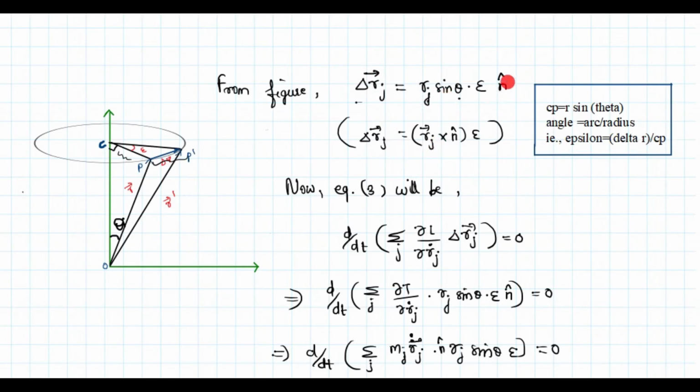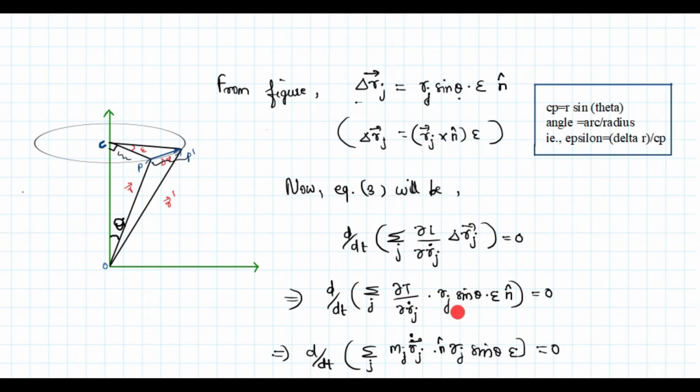Now equation 4 is: delta L equal to 0. That means d/dt summation over j ∂L/∂rj dot into delta Rj equal to 0. So substitute for delta Rj, you will get d/dt of summation over j ∂T/∂rj dot, Rj sin theta epsilon n cap, equal to 0.